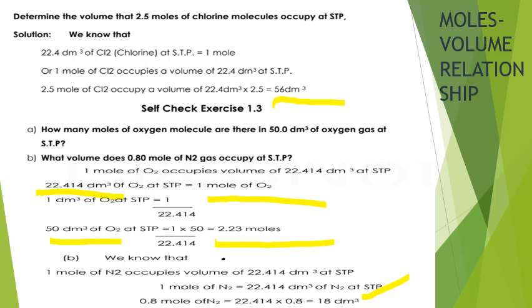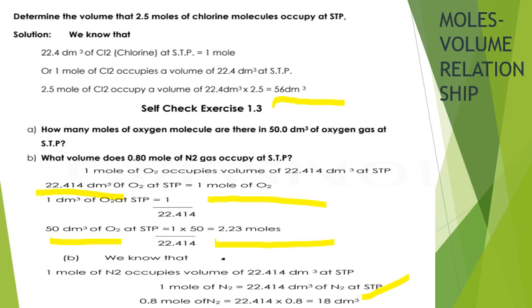The question is quite easy. If 1 mole is holding 22.414, what is the volume occupied by 2.5 moles of chlorine? So what you have to do is multiply this volume by 2.5. You will get the volume of 2.5 moles of chlorine as 56 dm³.